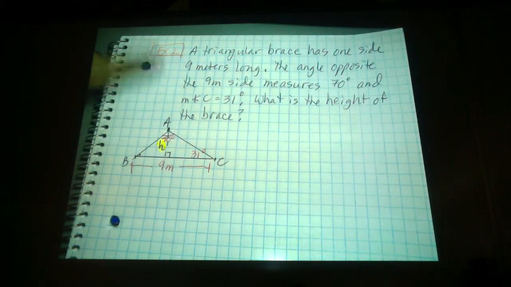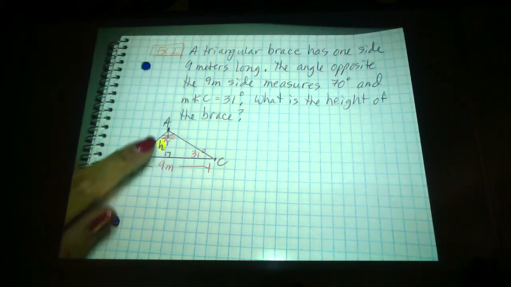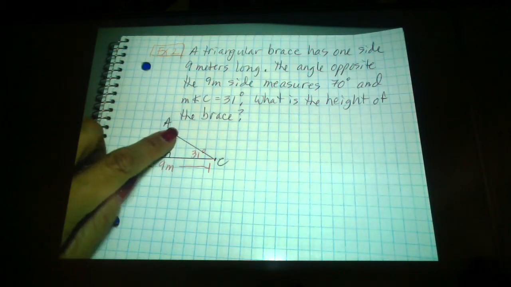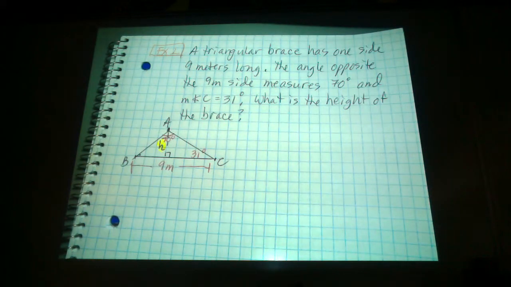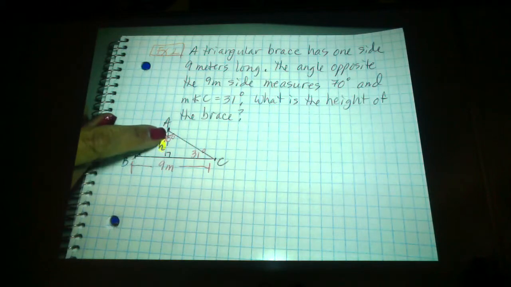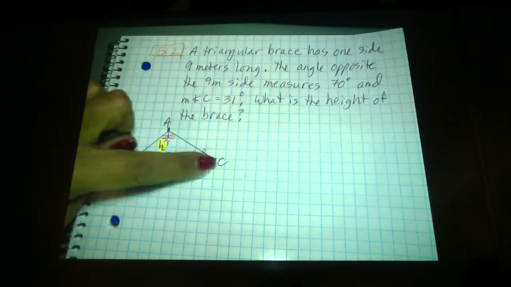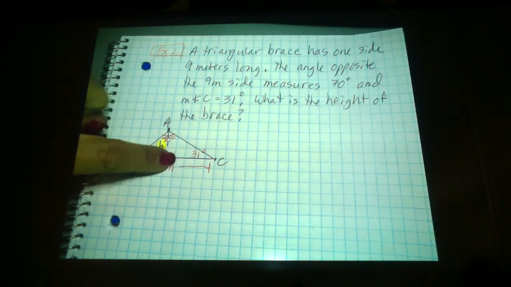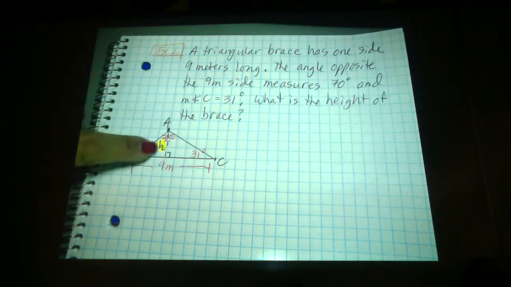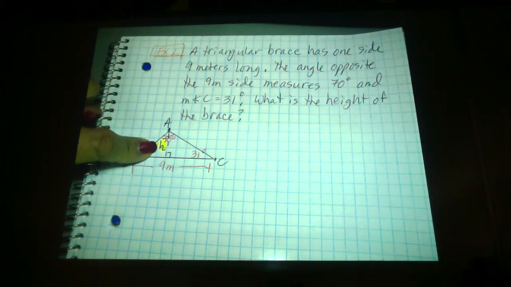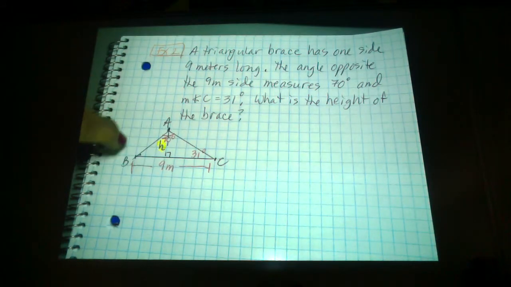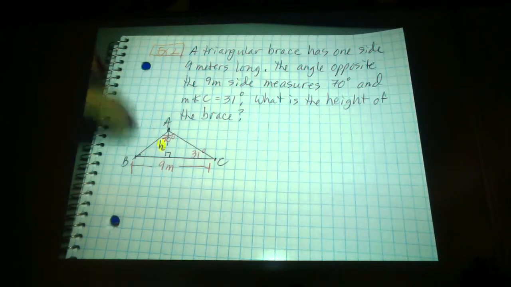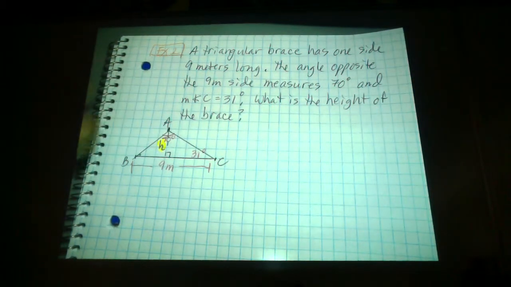So I need one side length here, here, or here in order to be able to use any kind of SOHCAHTOA, sine, cosine, or tangent, in this little triangle here, because if I knew just this side or this side, then I could use sine, cosine, or tangent to find this. So let's use law of sines, because I've got two angles and one side.